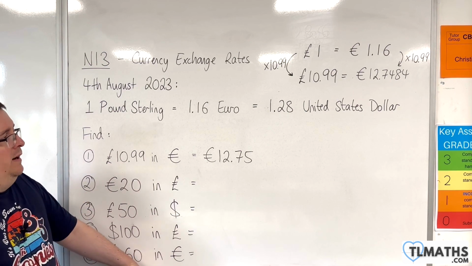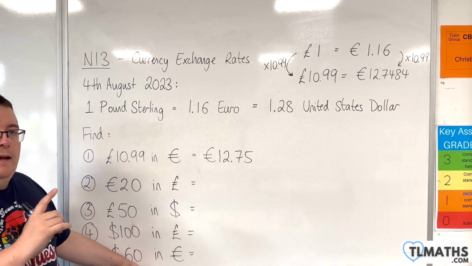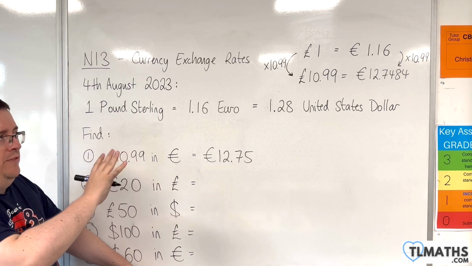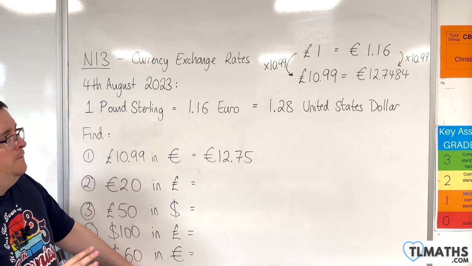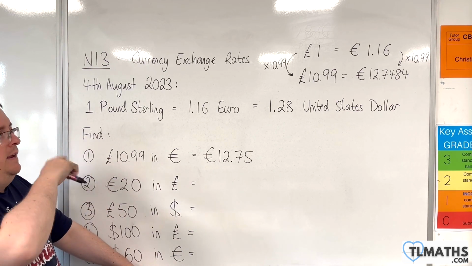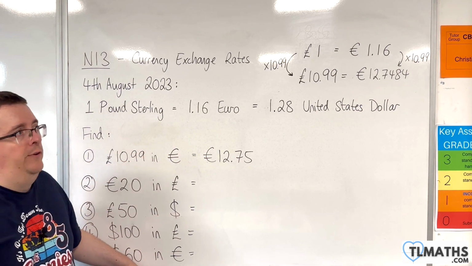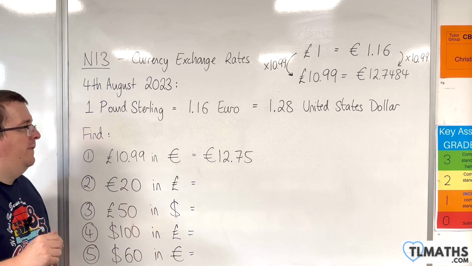If you plug this in, you may get something slightly different, because of the number of decimal places that are actually shown. But in an exam paper, if it said £1 sterling is 1.16 euros, then this would be your correct answer. So don't worry on that side.